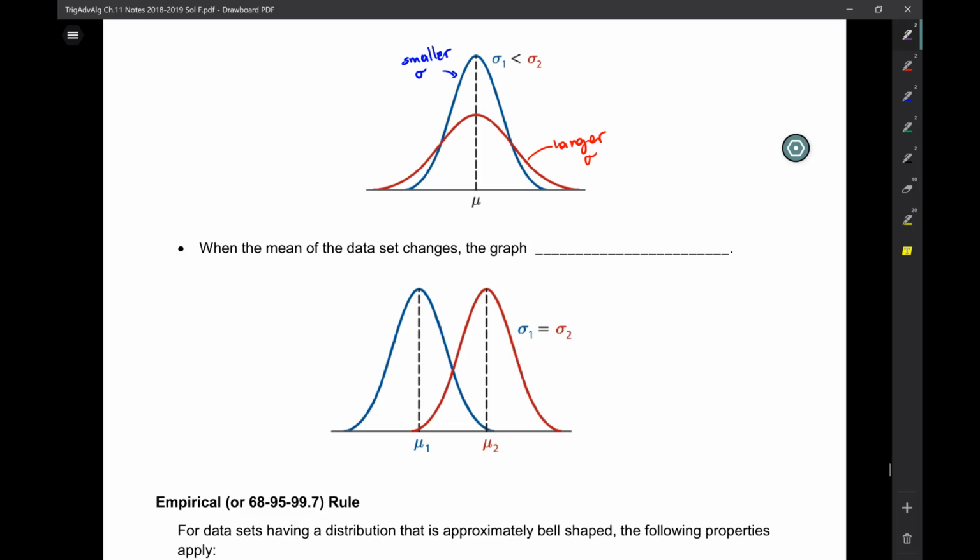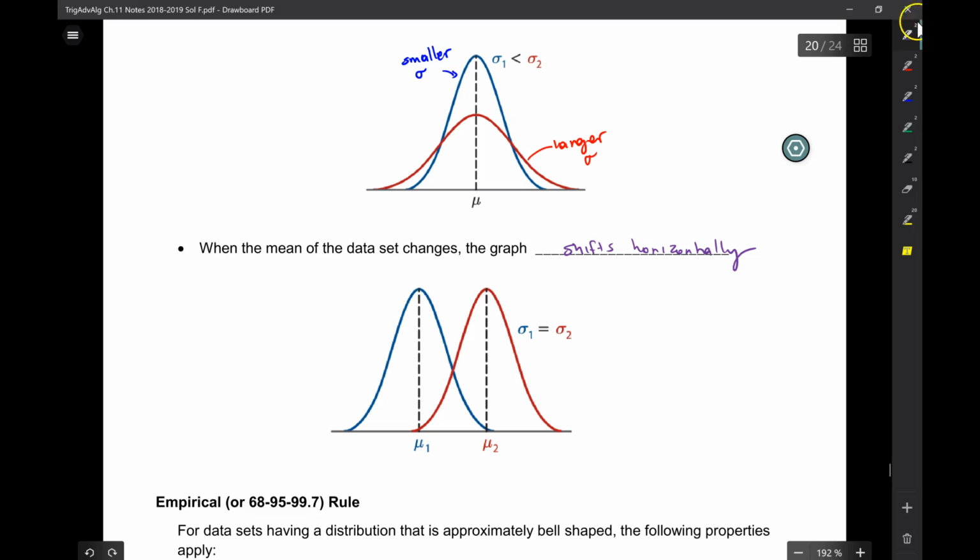If the mean shifts but the standard deviation is the same, the graphs have the same shape. But the average changed, so the graph shifts horizontally. Does that make sense? I can't spell horizontally, apparently. Okay?